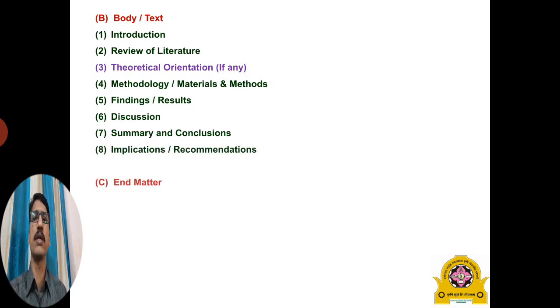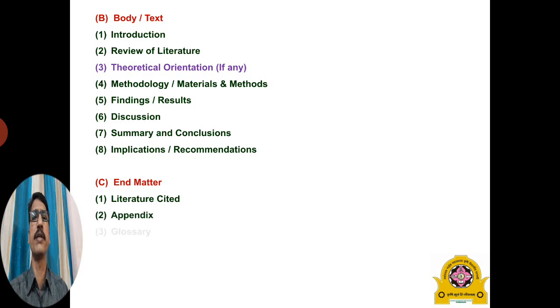All these chapters are not included in every thesis, but these are the major chapters. Sometimes the results and discussion are combined in a single chapter, or the theoretical orientation chapter is only for PhD students, especially in social science, for example in extension education or in the agricultural economics department. Then the end matter of the thesis includes the literature cited, then appendix, then glossary.